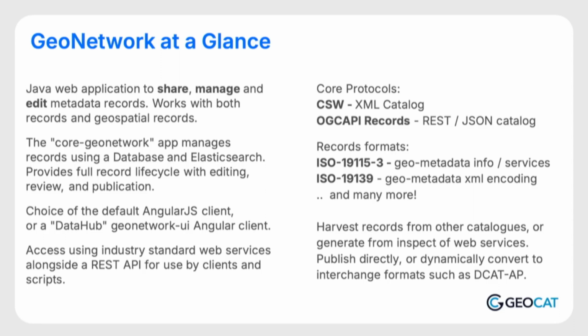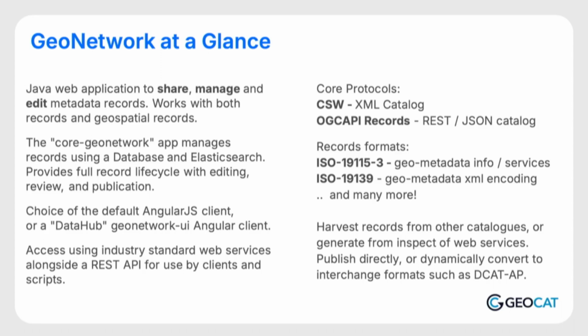GeoNetwork at a glance, it is a catalog to share, manage, and edit records. The edit is especially important to GeoNetwork as a project. There are lots of services that will allow you to manage, store, and search records in Elasticsearch, but the editor in GeoNetwork is a key, interesting thing.